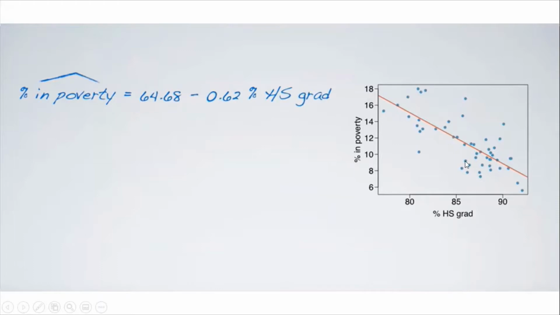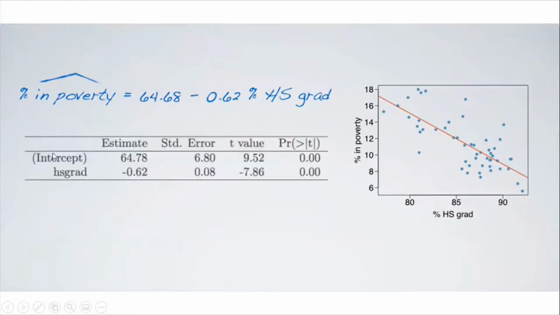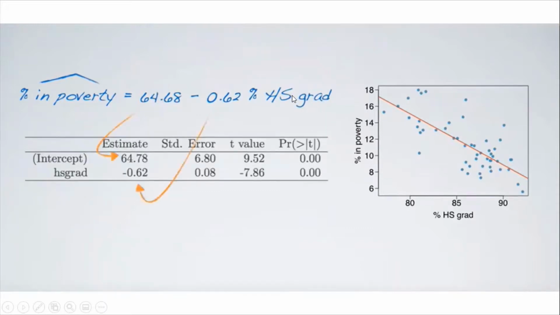So you will get this least squares line. In R you will get this table. When we calculate in R, we get an estimate, which is the intercept, and the slope, which represents the coefficient for the explanatory variable.